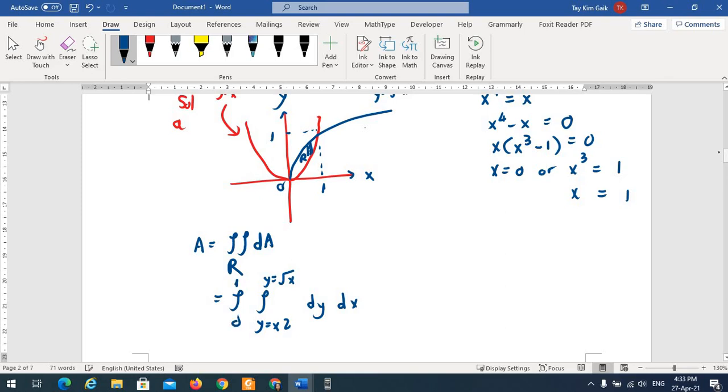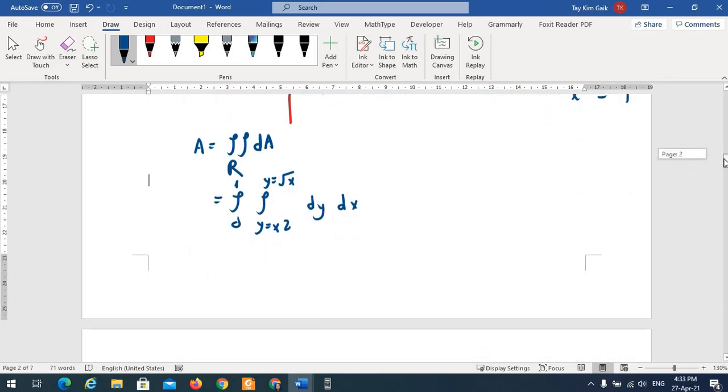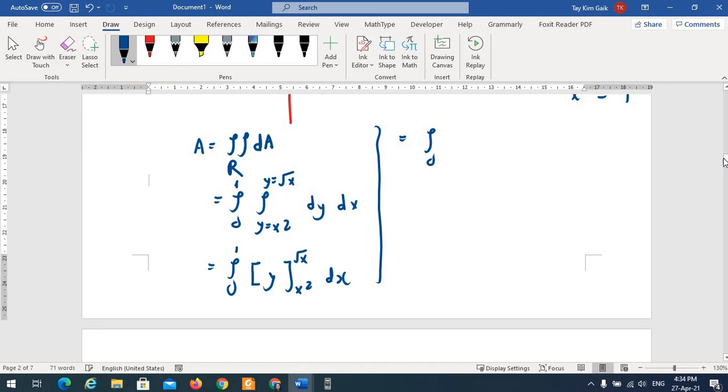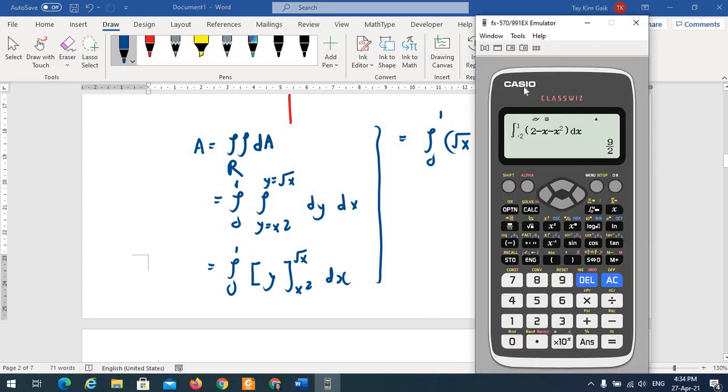We just evaluate it. Integrate 1 dy is y from x squared up to root x. Then we have, dx, lastly, 0 to 1 of root x minus x squared. Then you use your calculator to put it through.